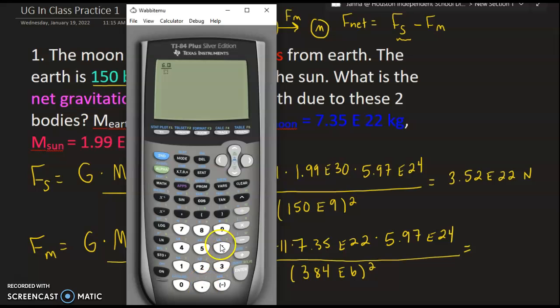So I'll type this in, 6.67 second, comma, negative 11 times the mass of the moon, 7.35 second, comma, 22, times, again, the mass of the Earth, 5.97 second, comma, 24, divide by, down here, 384 second, comma, I opened a parentheses, 6, just to be safe, and then we square that, enter, and we get 1.98 E20.